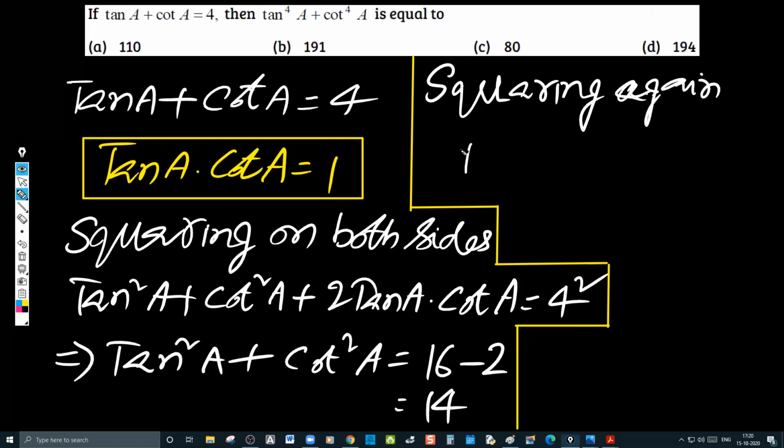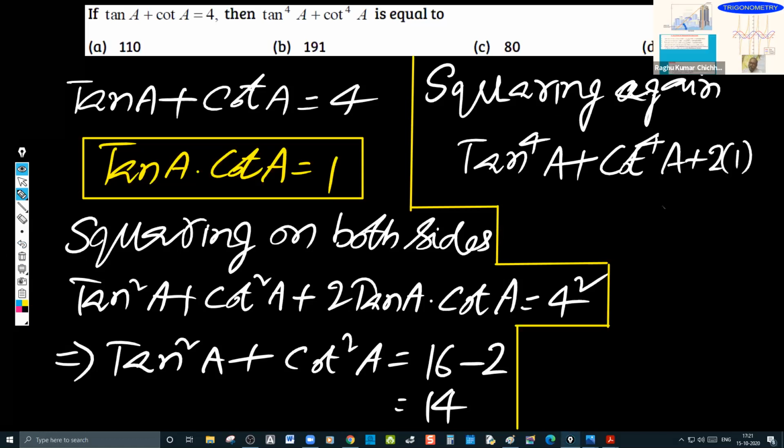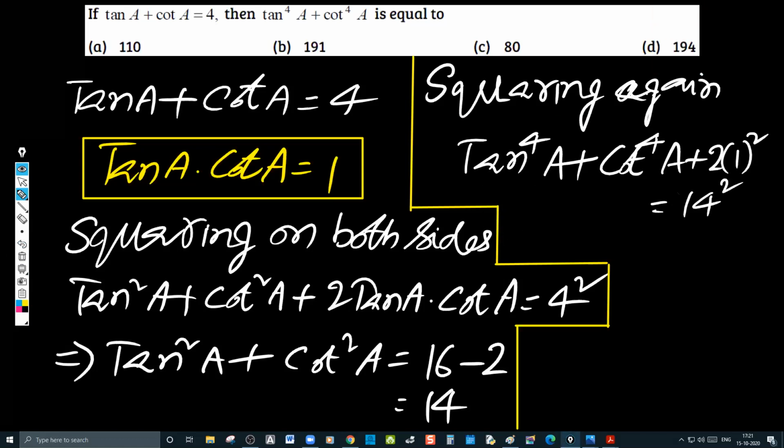Tan power 4A plus cot power 4A plus 2 tan square A cot square A. I'm not writing that, I know that it is 2 into 1, 1 square in fact. It is 14 square. Do you understand what I wrote there? Yes, sir.